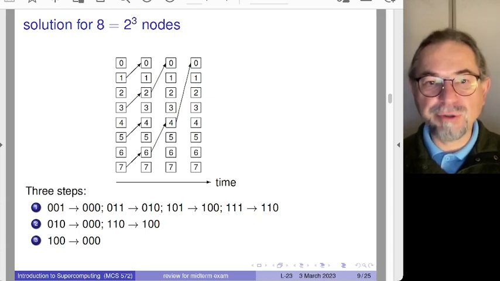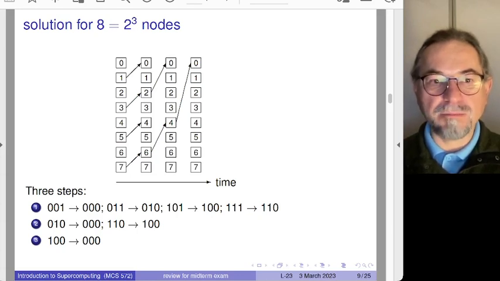So in a hypercube, we consider the binary expansion of the identification numbers, and two nodes are connected when their binary expansion differs in exactly 1 bit.